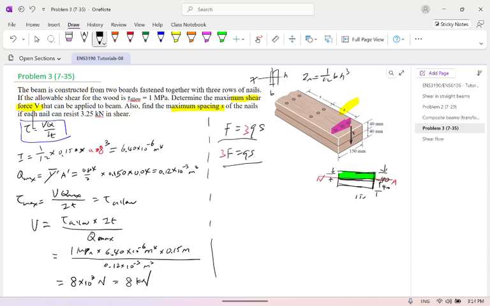Because each nail can sustain a resistance, each can take a QS. But this time they can resist 3 times this one, but the S will be different. That's why we should use 3F is equal to QS. So don't confuse this question, because these 3 are put together on one row.